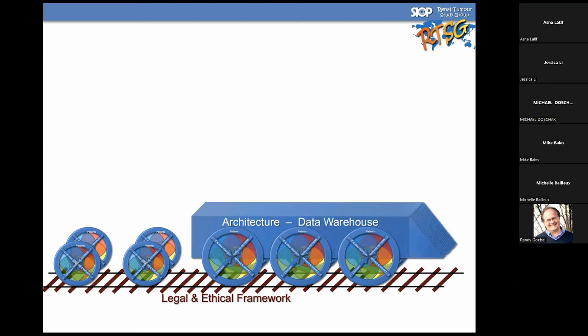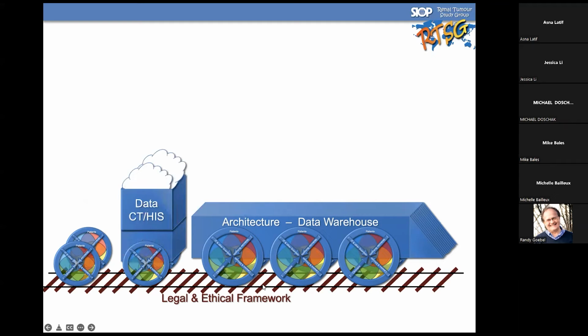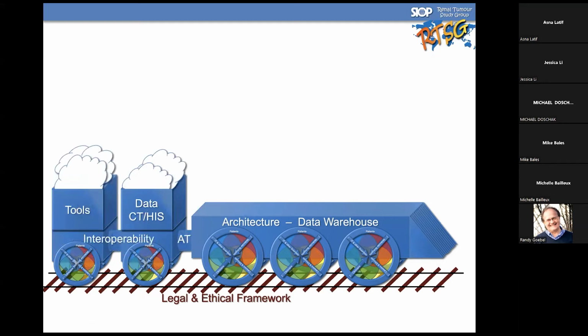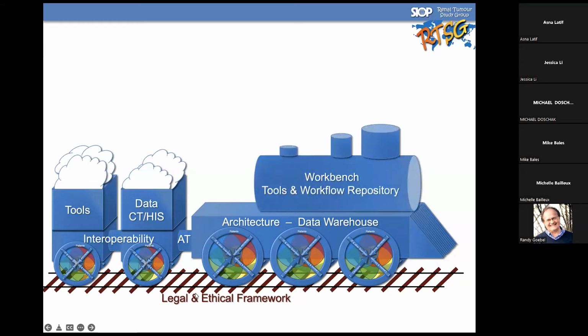So you need to set up an architecture. If you have a legal and ethical framework, you need to have the data, you need to have tools that you are developing. They need all to be interoperable. Then data needs to be anonymized. There will be a workbench where you can test all your tools you are developing.